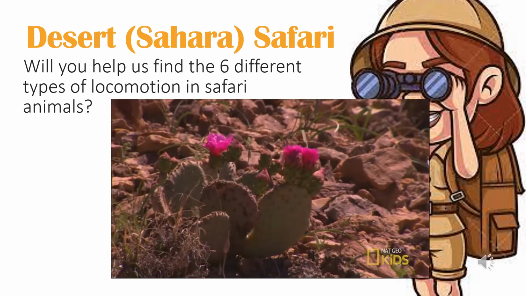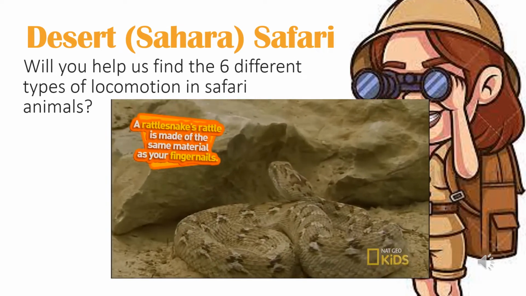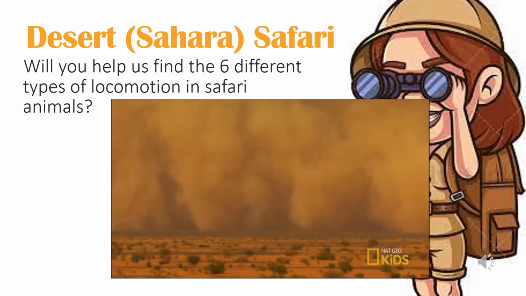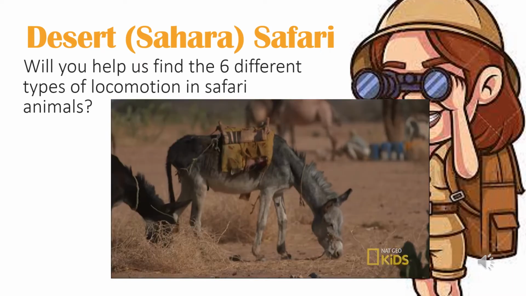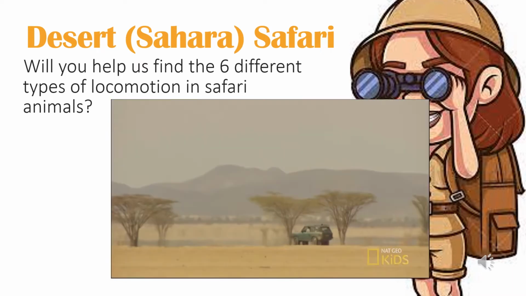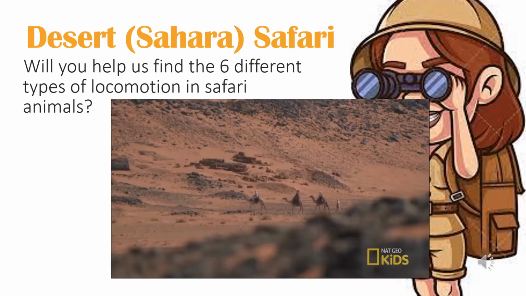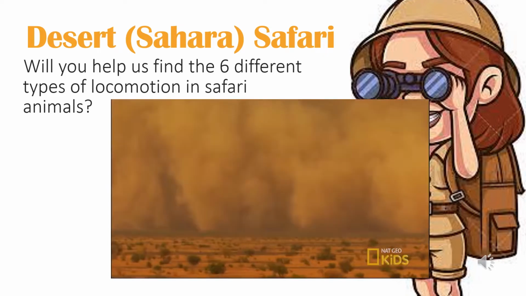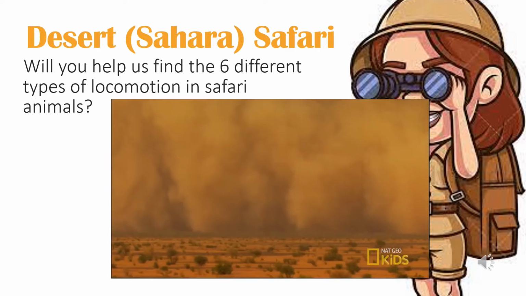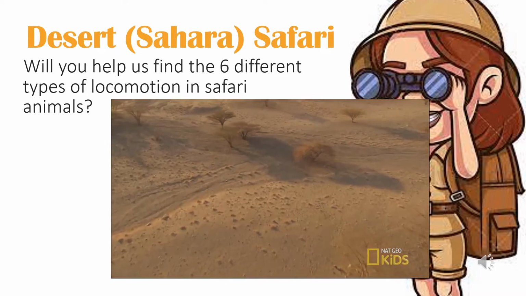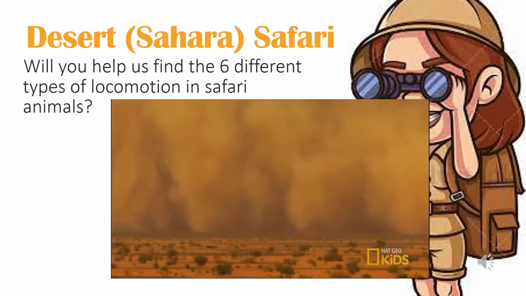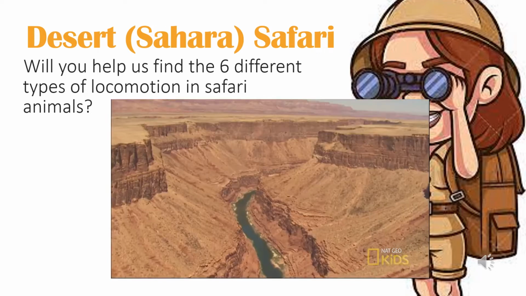Oh, watch out for that snake! See the donkey eating grass while a jeep goes rolling past. People ride on camelback. Out in the desert.